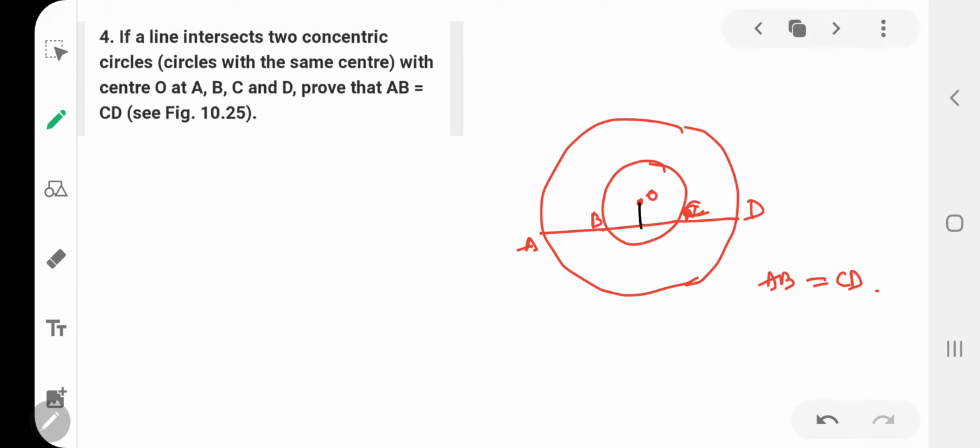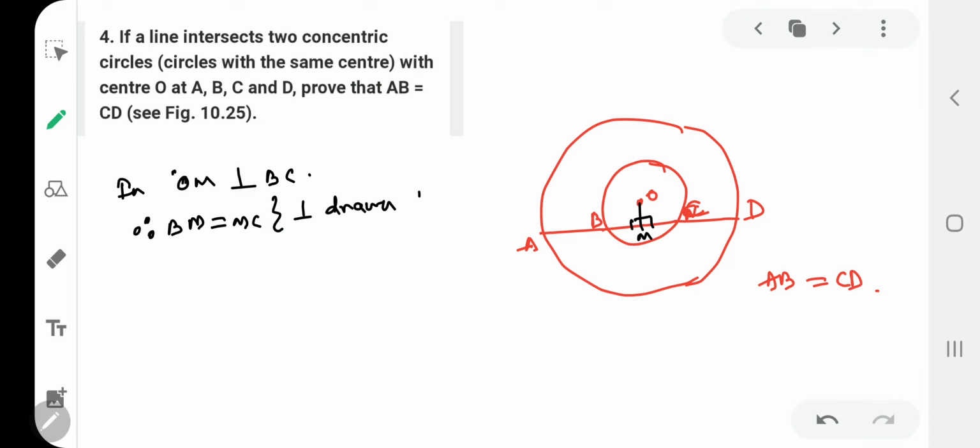If I draw perpendicular from center to the chord and name it as OM, in my small circle, you can notice that OM is perpendicular to BC, therefore BM is equal to MC. Why? Because perpendicular drawn from center to chord divides the chord in two equal halves.